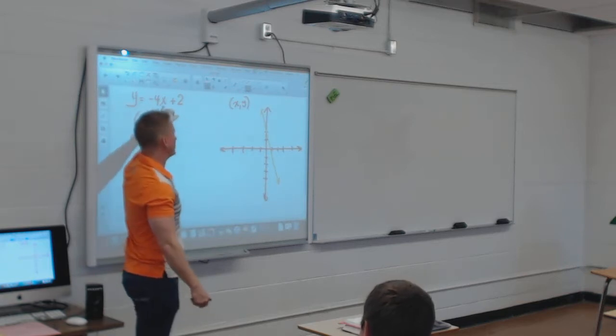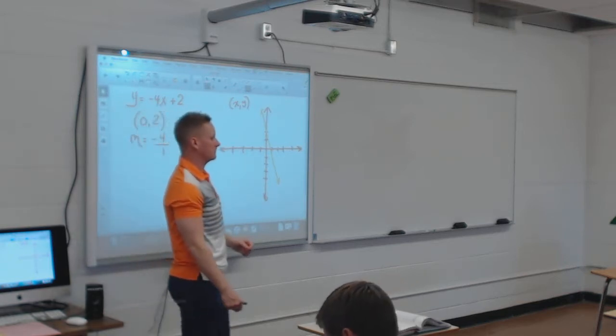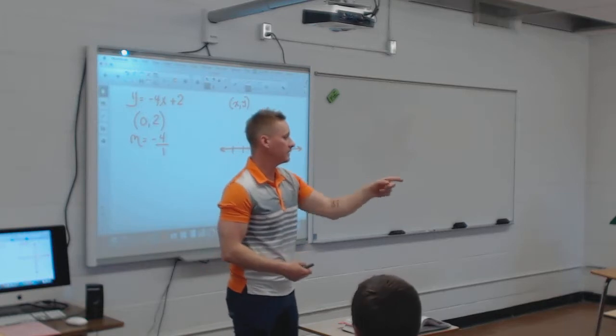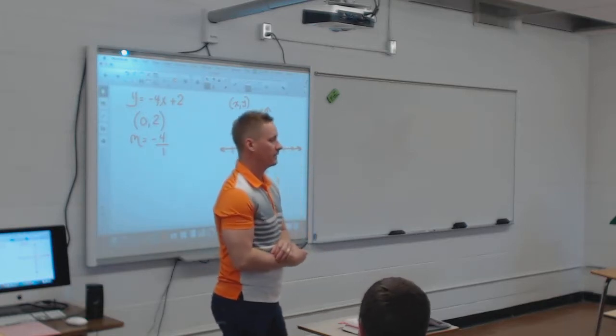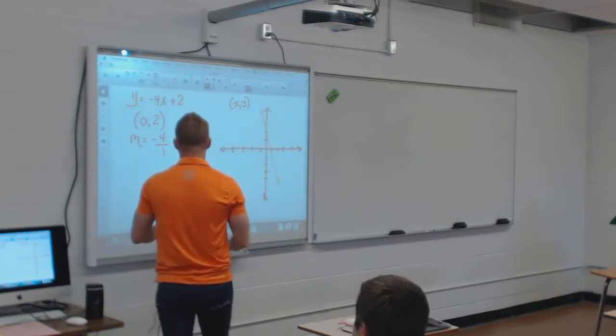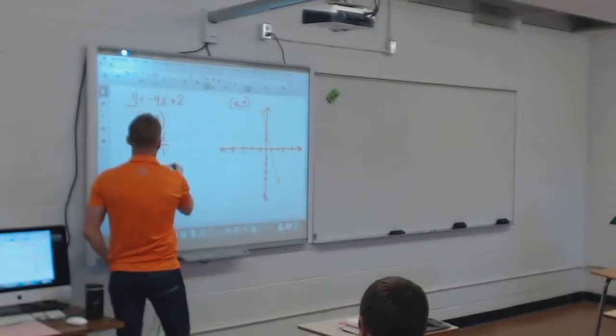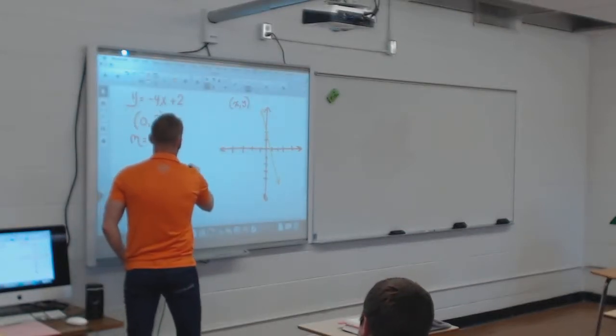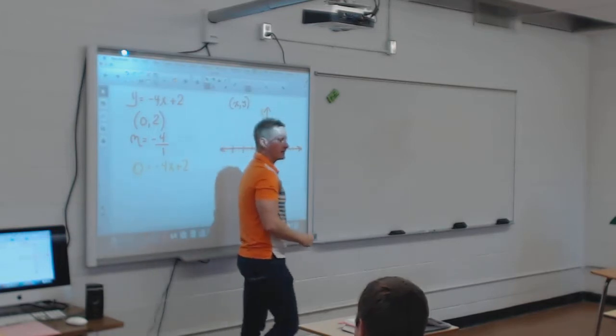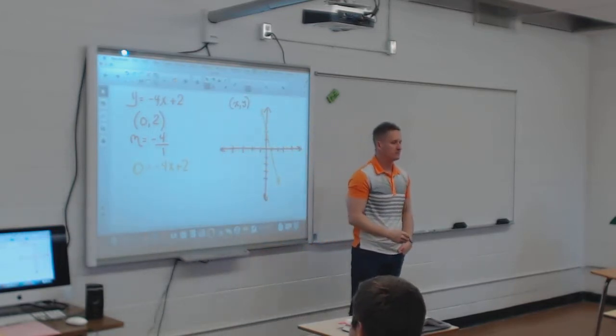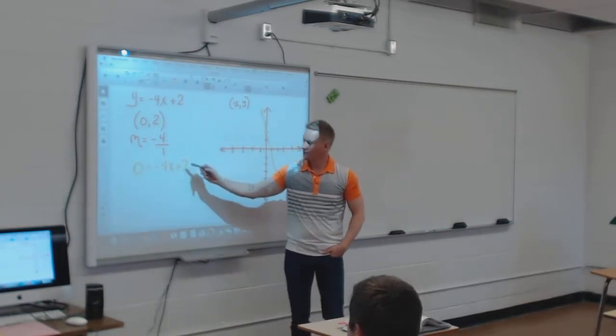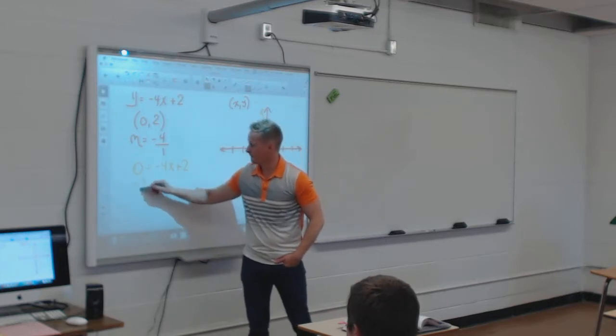How do you suppose I find the x-intercept then? I put 0 in for y, and I would solve for x. So, subtract 2 to this side.